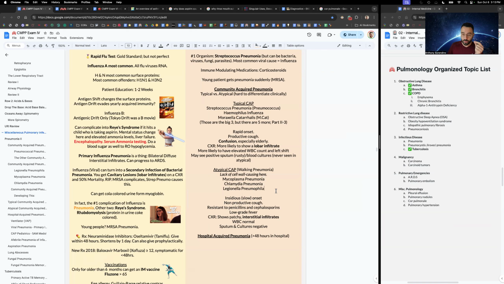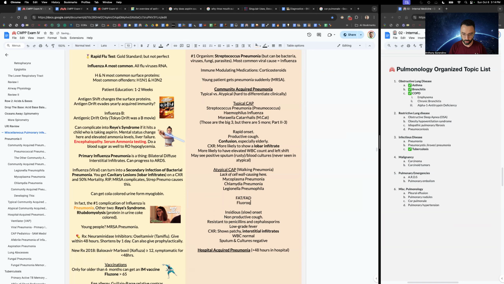Okay. And the three antibiotics that treat atypical bugs spell either FAT or FAD. The F stands for fluoroquinolones: there's your levofloxacin, ciprofloxacin, moxifloxacin.